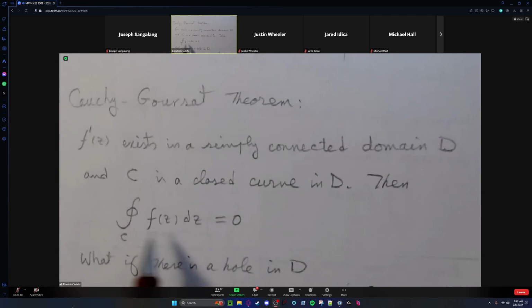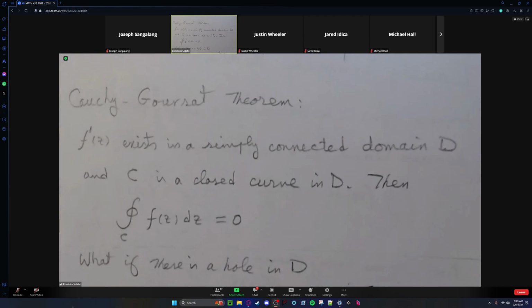Okay, the result is 0. This is the improved version of Cauchy. Cauchy required the continuity of f prime, but later another mathematician, Goursat, realized that he could prove the theorem without using Green's theorem.